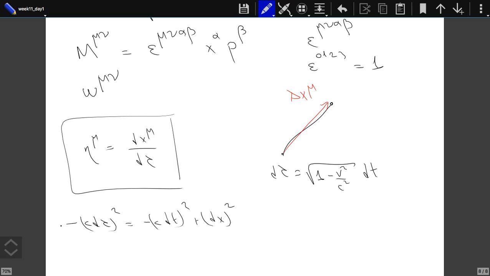And I'm just multiplying the inverse of this one with this one.